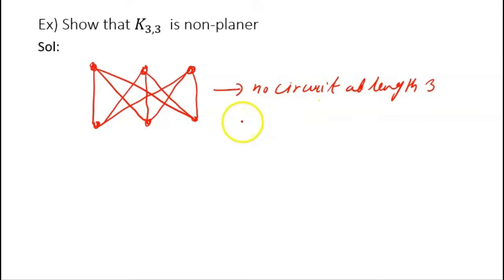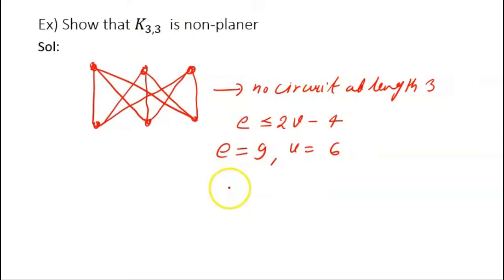So it means that here I have to apply the result E should be less than or equal to 2V minus 4. How many edges are there? The number of edges is 3 into 3, 9. K33 will have 9 edges. How many vertices are there? 3 plus 3, 6. What is 2V minus 4? 2 into 6 minus 4, 12 minus 4, equal to 8.